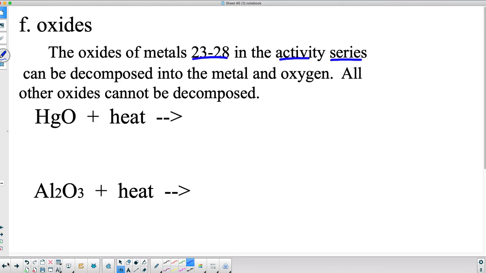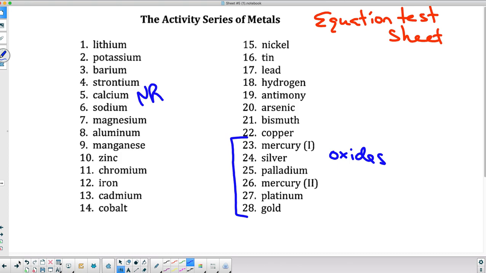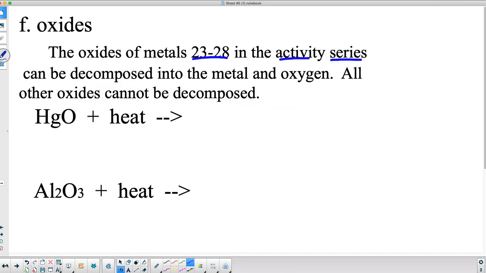Okay, so let's go back and see what we got. The oxides of metals 23 through 28 in the activity series can be decomposed into the metal and oxygen. Well, as it turns out, mercury 2 is 26 and mercury 1 is 23, and because both of them are on that list, I don't have to worry about which mercury it is.